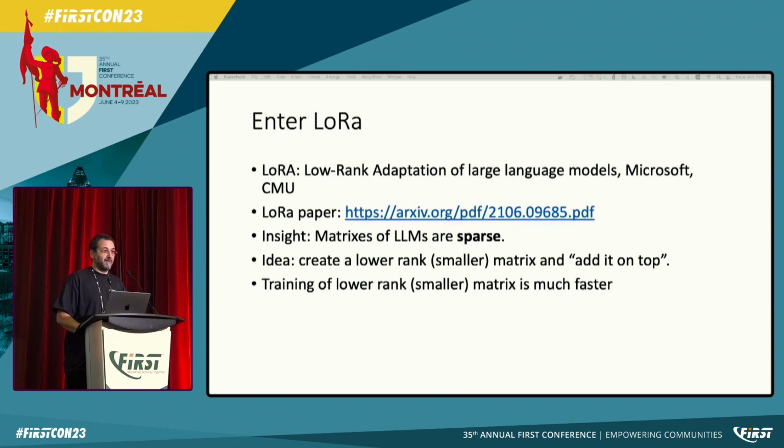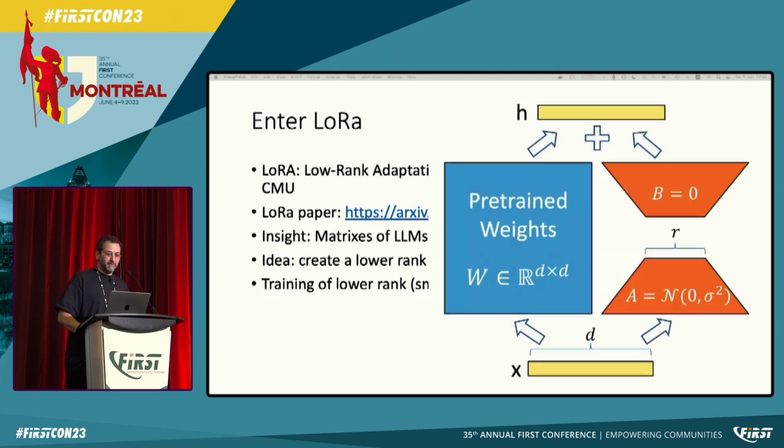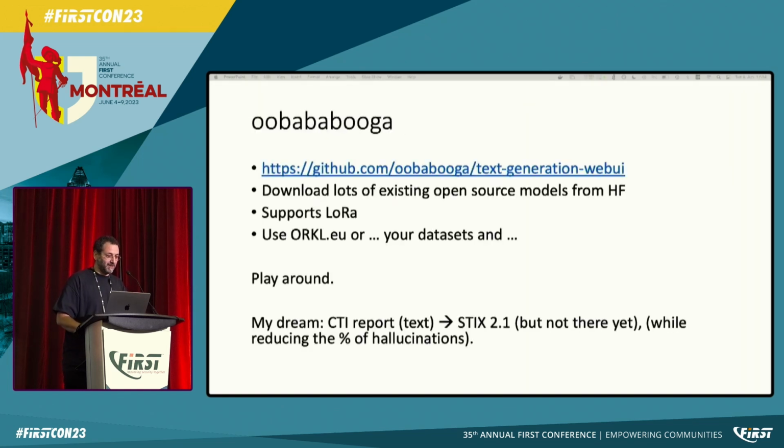So you have a large data set like Oracle, 15,000 reports, a couple of thousand threat actors, and take that unstructured text and train your LLM with that LoRA approach, which is basically a low-rank matrix. And here is the link with the tool, how to do it.